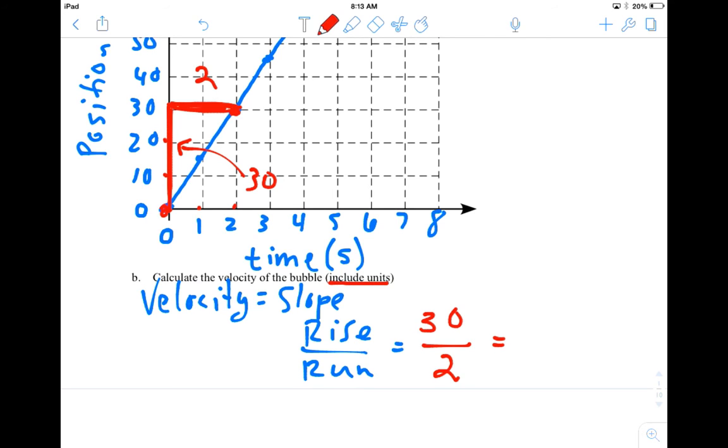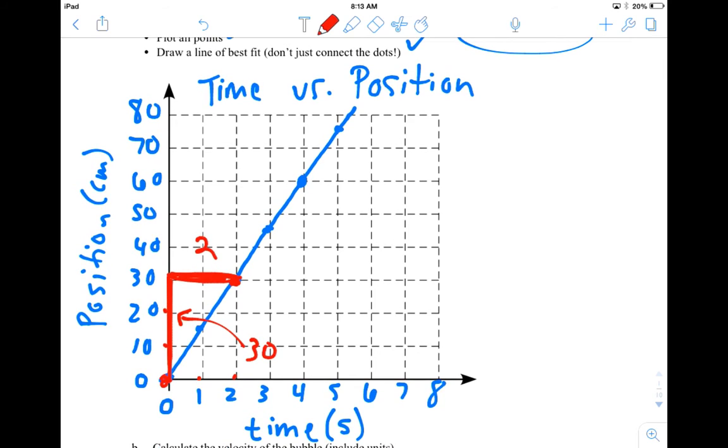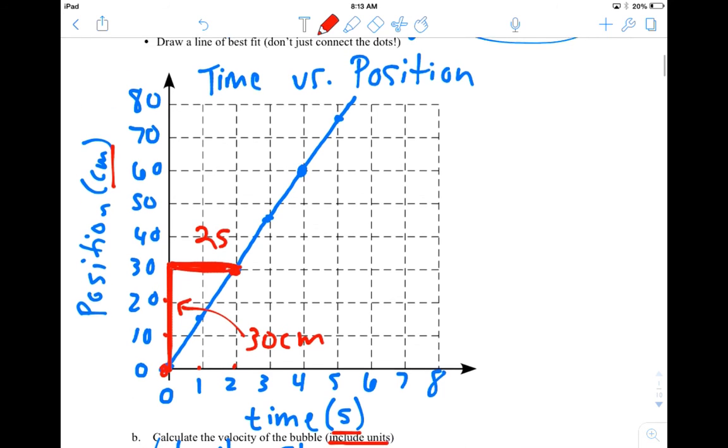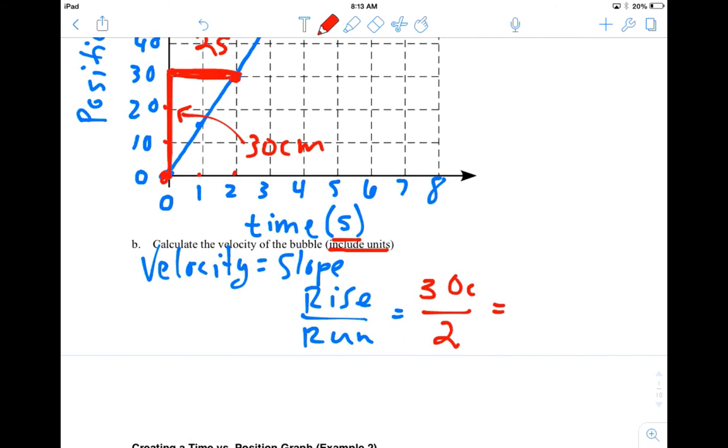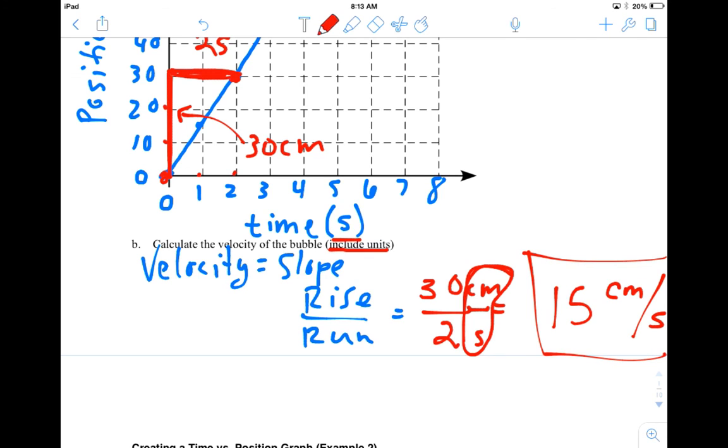Let's make units easy. 30 is actually 30 centimeters. 2 is actually 2 seconds. So I can do centimeters and seconds here, which means that 30 divided by 2 is 15 centimeters per second. Remember that the unit has to stay just like it is, so it's centimeters over seconds. And that is my final answer.